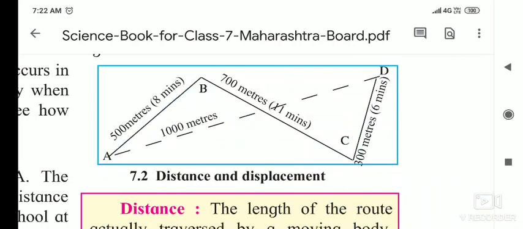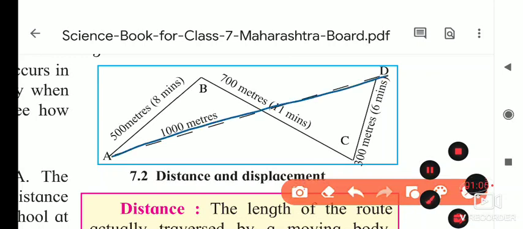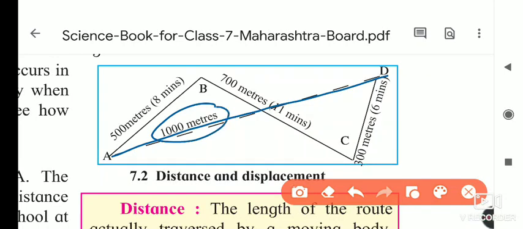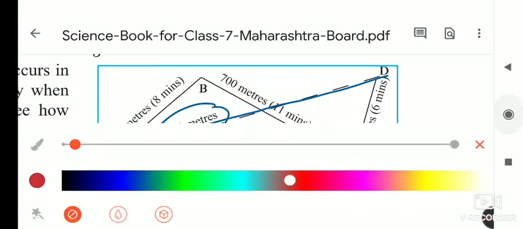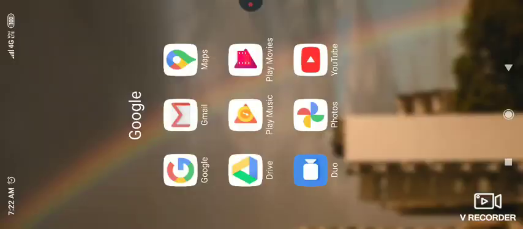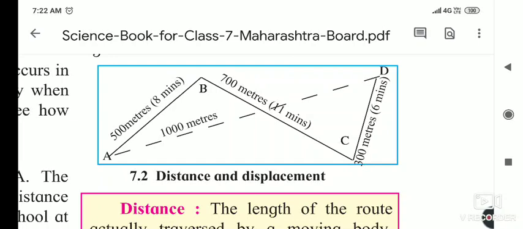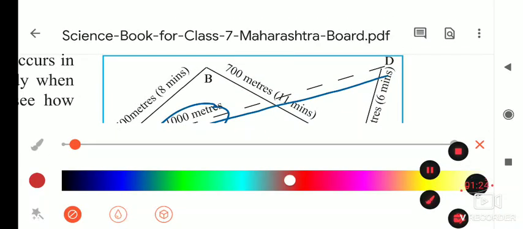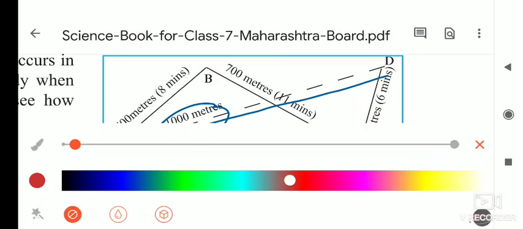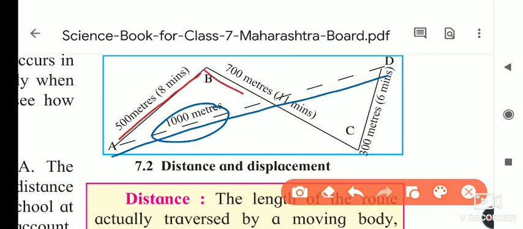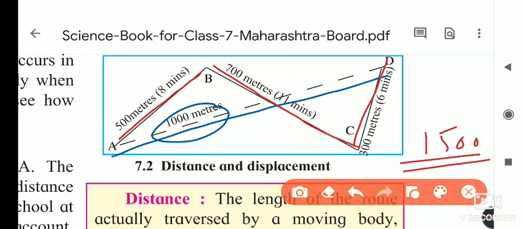In that way he went to school, but the actual displacement between the school and the home is 1000 meter, and the distance covered by Ranjit is 500 meter plus 700 meter means 1200 meter, and plus 300 meter means how much, 1500. That is the actual distance covered by Ranjit, and the actual displacement from the original place is the 1000 meter that we see.